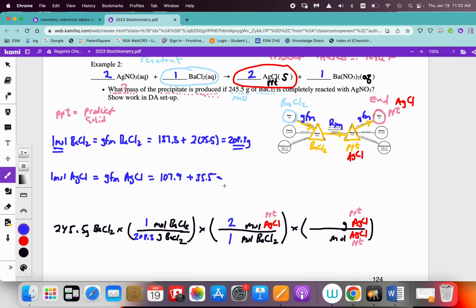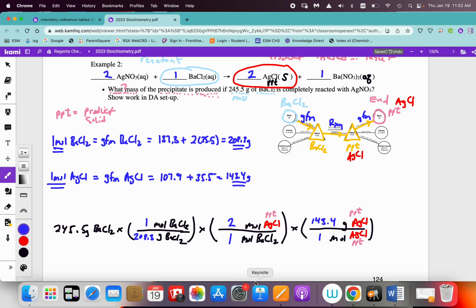So the GFM of AgCl is 143.4 grams. So here's my relationship. For every 1 mole of the precipitate, silver chloride, AgCl, forms 143.4 grams of that substance.